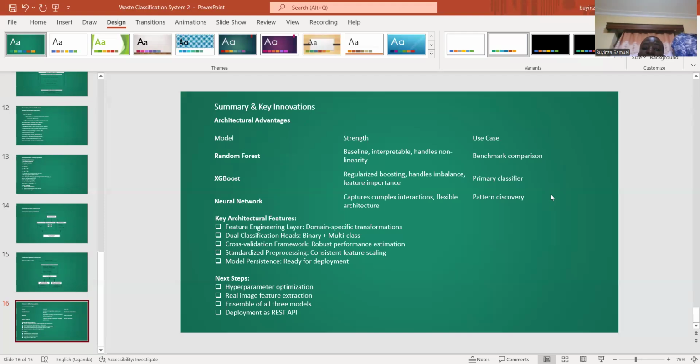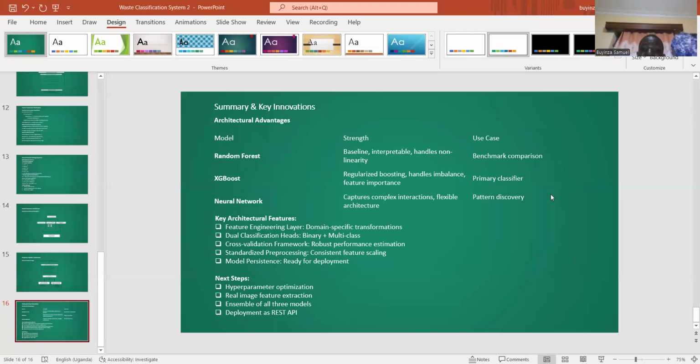When we look at these, we normally look at the strength of the model and the use case involved.